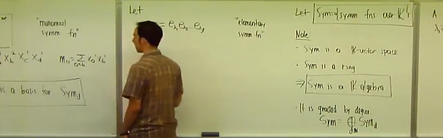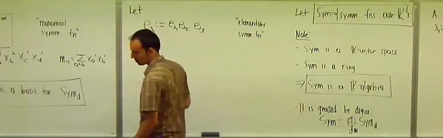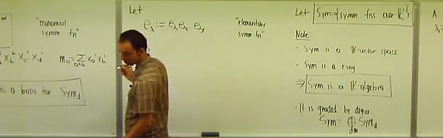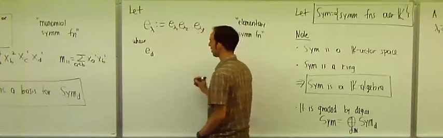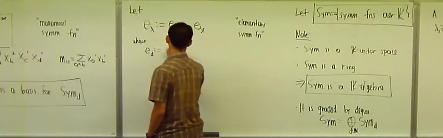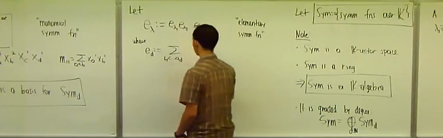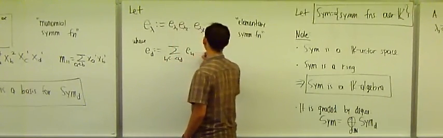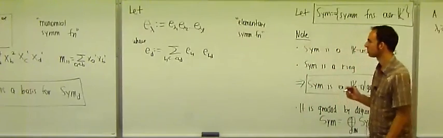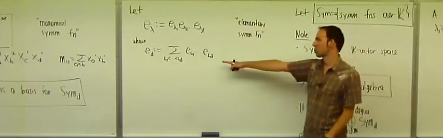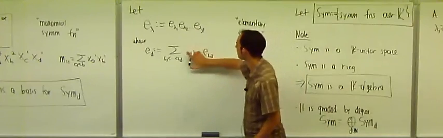And so I have to define what E sub number equals. So let me just say that E sub d, where d is some number, is going to be the sum over i1 less than dot dot dot less than id of x i1 dot dot dot x id. You might recognize this as a monomial symmetric function. Sorry, I mean x here.